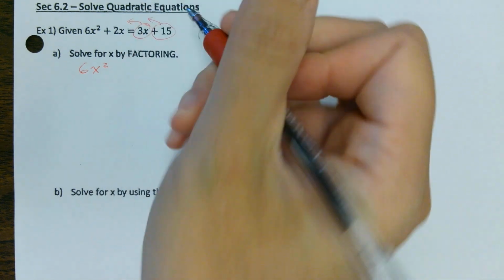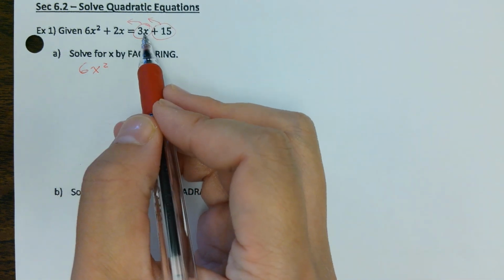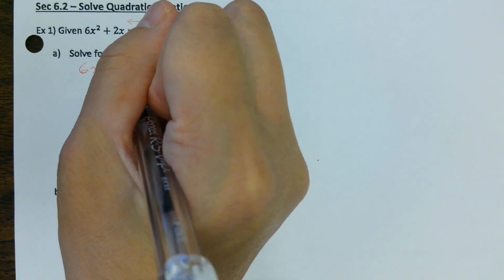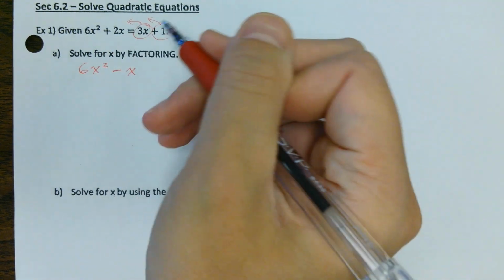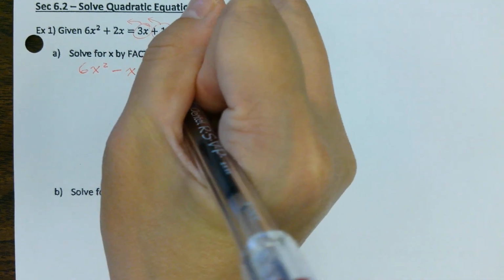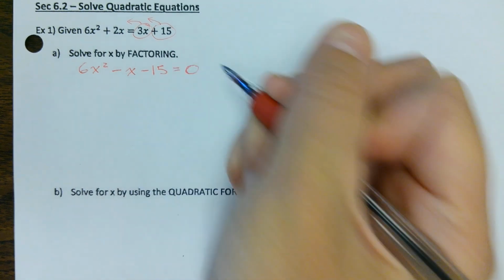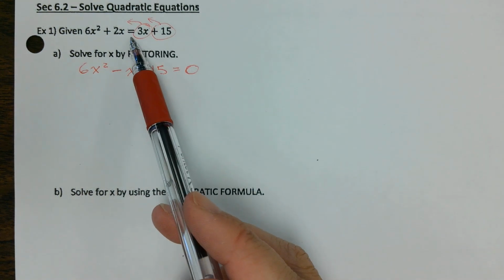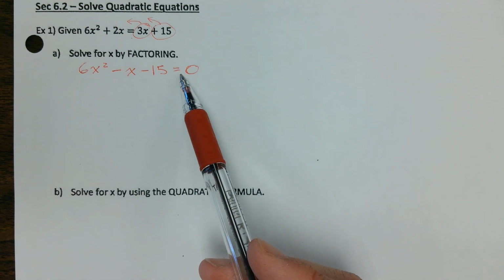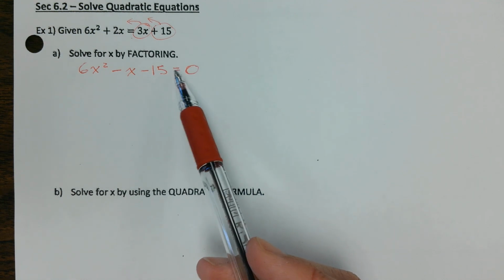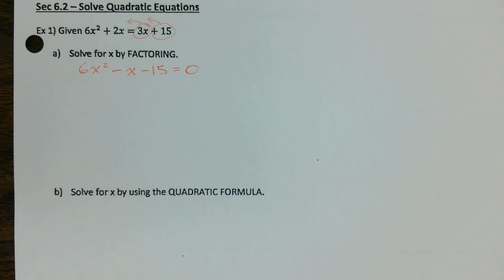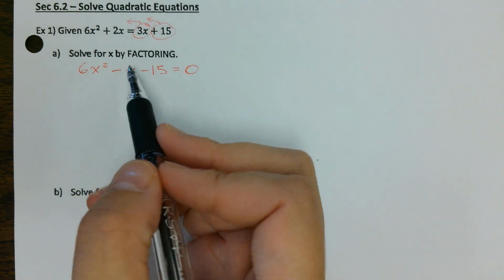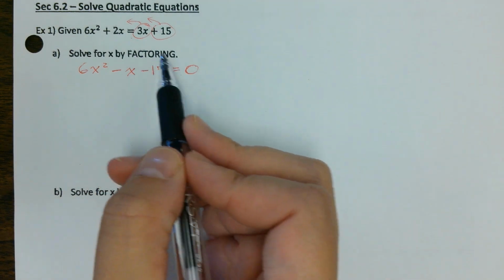When I move those over, I change the sign. 2x minus 3x is negative x. 15, when I move it over, is negative 15. On the right side, it equals 0. If it's an equation, it's still an equation after you move stuff, so you still have that equals 0 on the right side. Don't forget that.